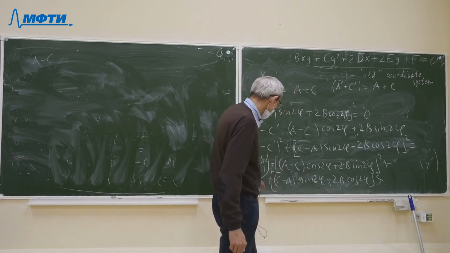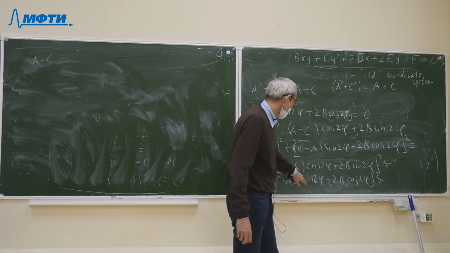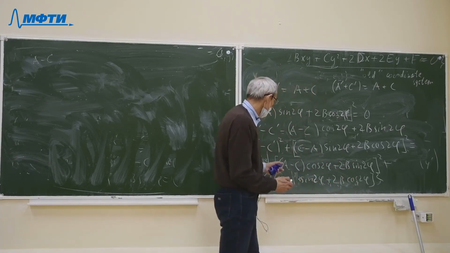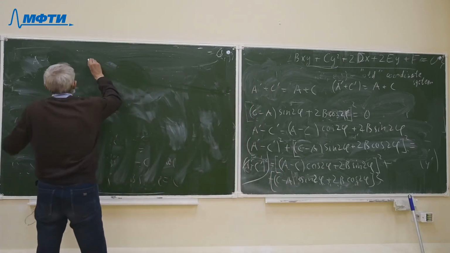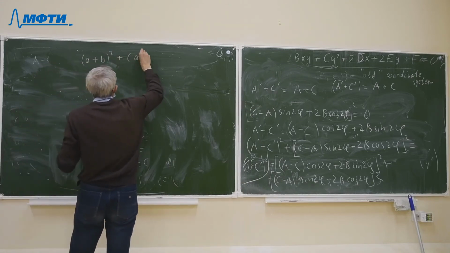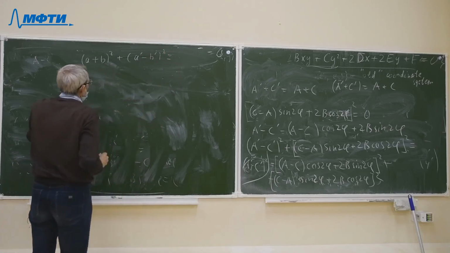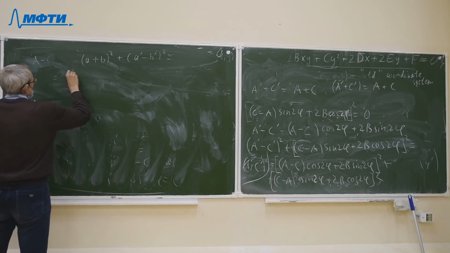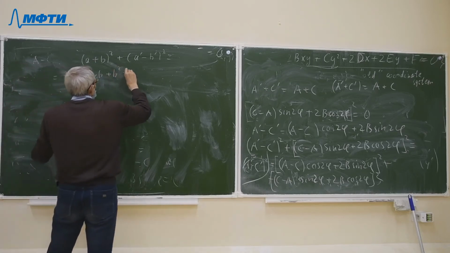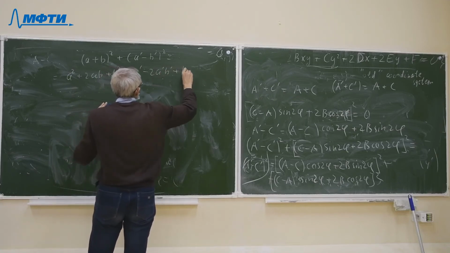And we can see that this cosine 2 phi and this sine, this opposite way, cosine and sine. And we have A plus B square, A prime minus B prime square, and we obtain A prime and B plus B prime plus A prime minus 2A prime B prime plus B prime.